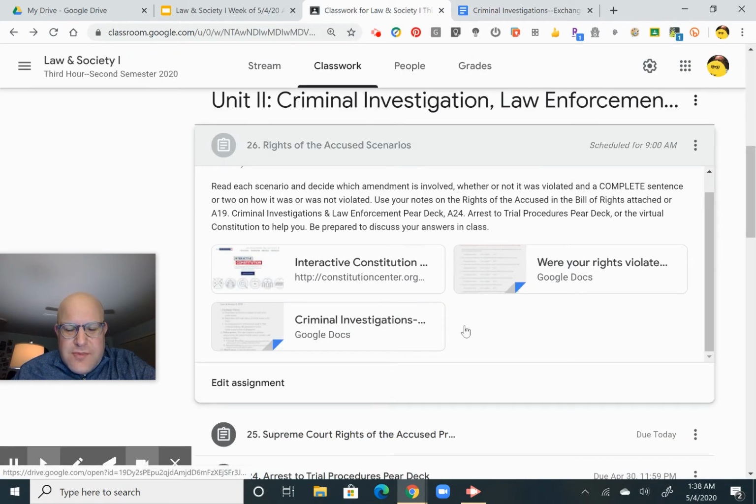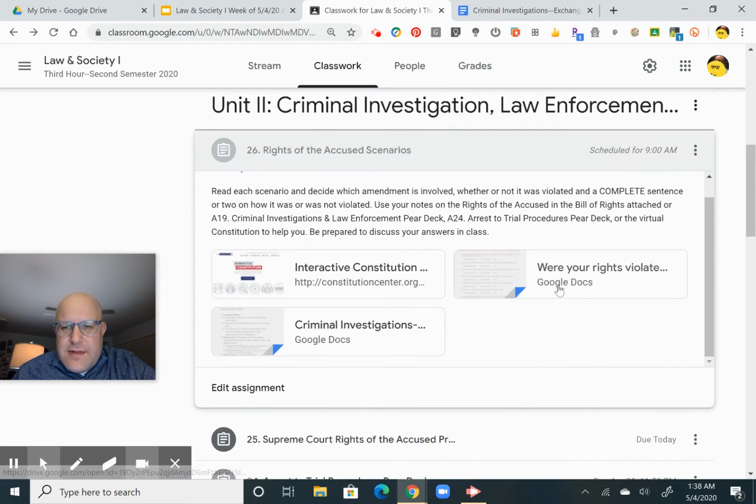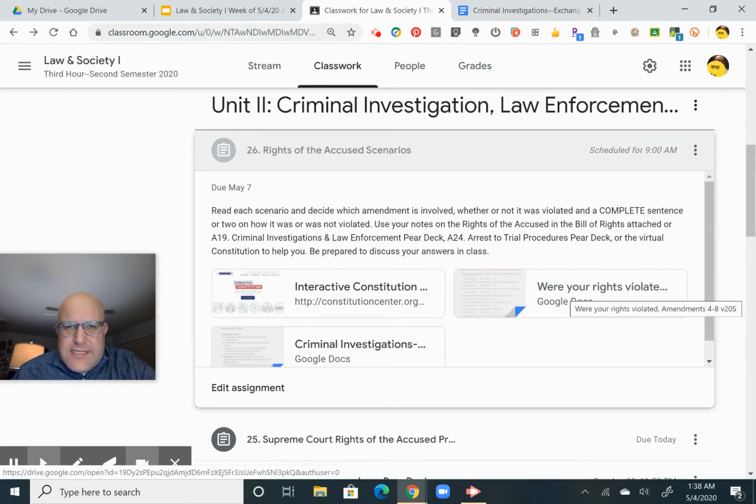Again, the exclusionary principle with the 4th Amendment: any evidence not legally obtained by warrant or probable cause has to be excluded as evidence at trial. Or you can use the Constitution, or the arrested trial procedures Pear Deck we did last week.